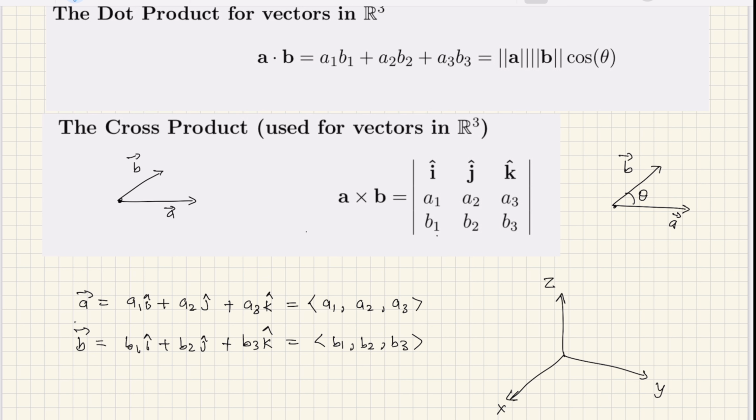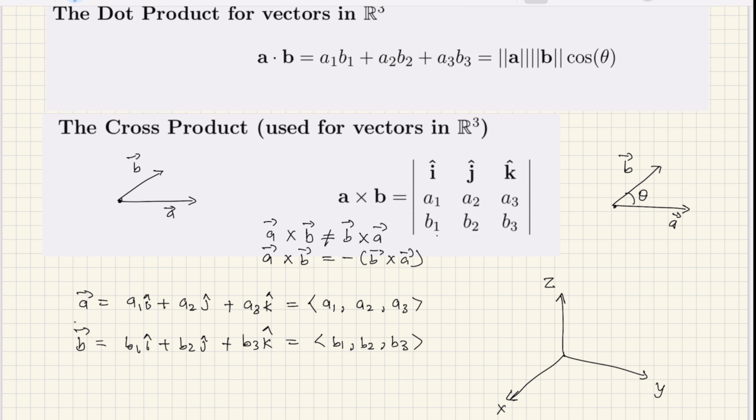You also have to take note that the cross product of A and B is not the same thing as the cross product of B and A. This comes from the properties of determinants. The cross product of A and B is the negative of the cross product of B and A.